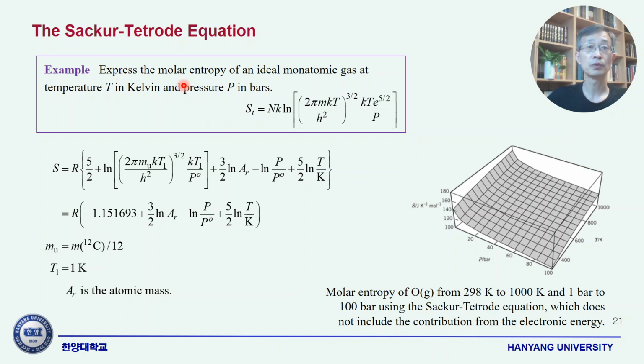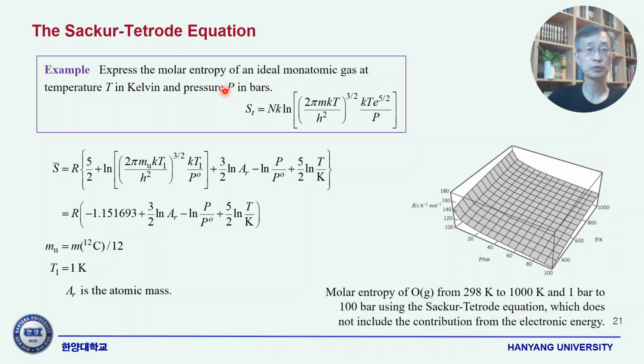The molar entropy of an ideal monatomic gas, as we've done for the hydrogen atom, at temperature T and pressure P, is S_T = Nk [ln((2πmkT/h²)^(3/2) · kT/P) + 5/2]. We'll calculate this as a function of T and P.